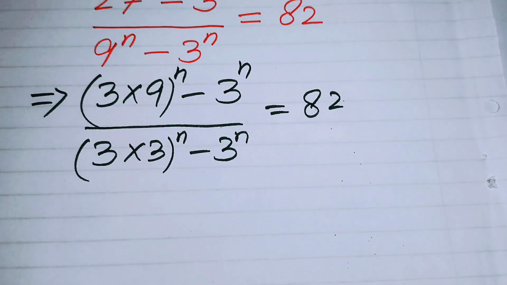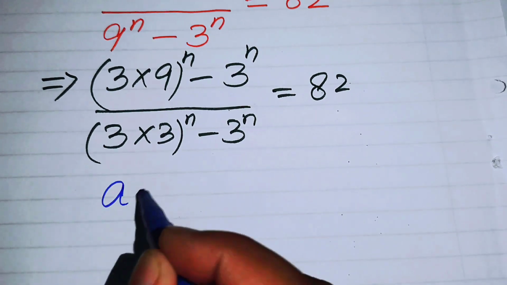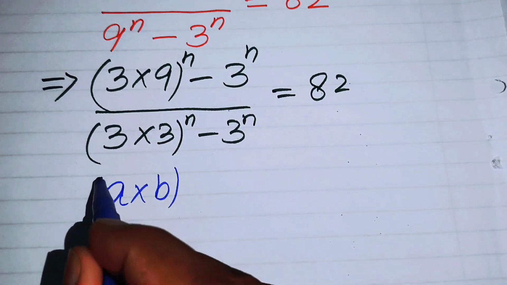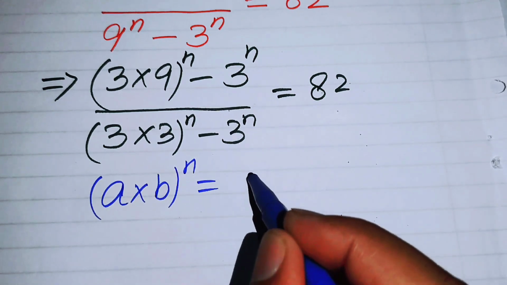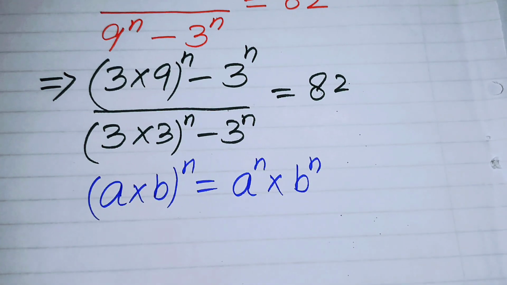And now we can use a nice exponential law here. You know about this law: if we have a times b to the power of n, it is equal to a to the power of n times b to the power of n. We will use this nice law.